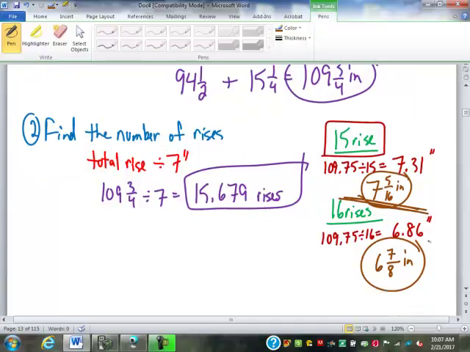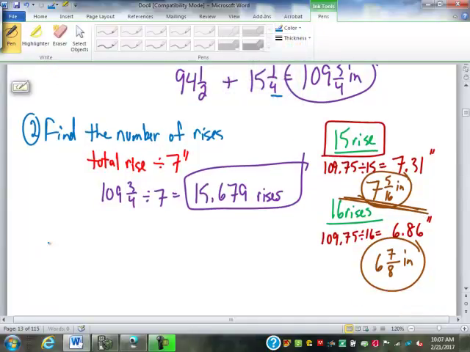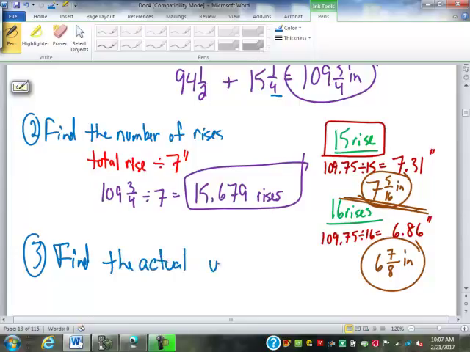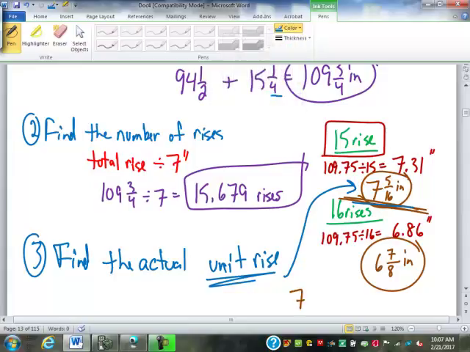So our unit rise, what we just found, we did step 3. Find the actual unit rise, which is what we just did right there. 7 5/16 inches.